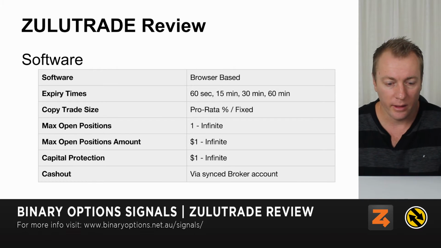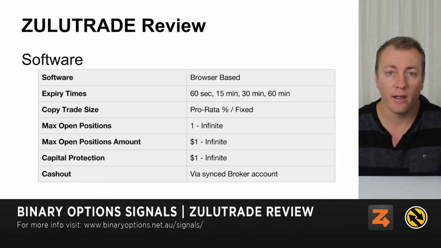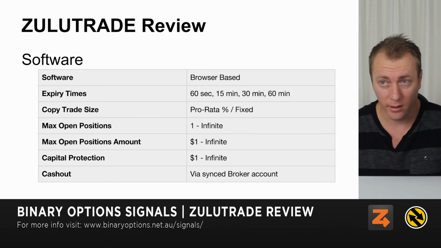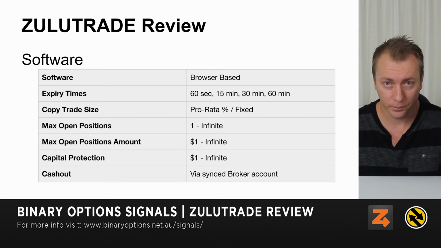So the trade size is an interesting section. If you've got quite a small balance and the trader that you're following has a very large balance, and he's putting on trade sizes of say $100, and you've got a $200 balance, then that's 2 trades and you're gone. But what you do is you pro rata or put in a fixed amount of how much you're comfortable to trade.